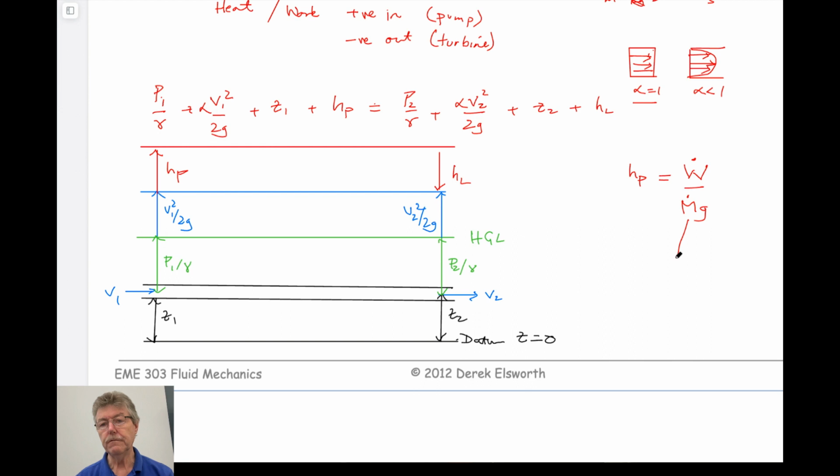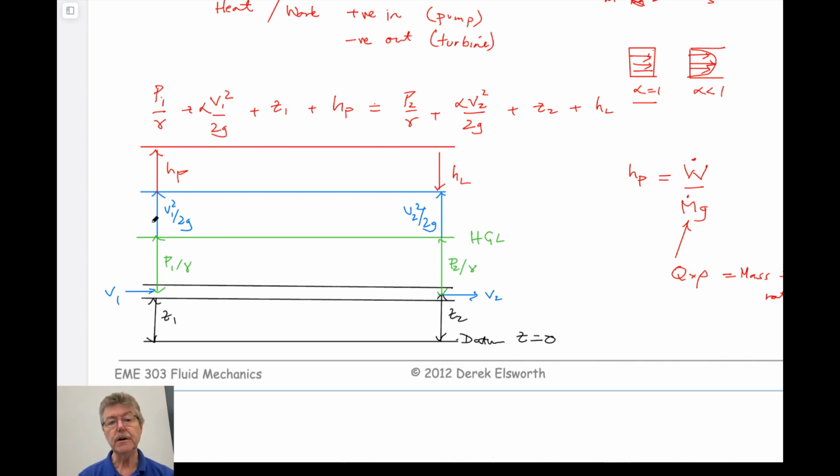I guess we've used Q for heat flow. Sometimes I use Q for volumetric flow rate, so mass flow rate would be Q multiplied by density. Right? Mass flow rate. And so this is physically what this is.